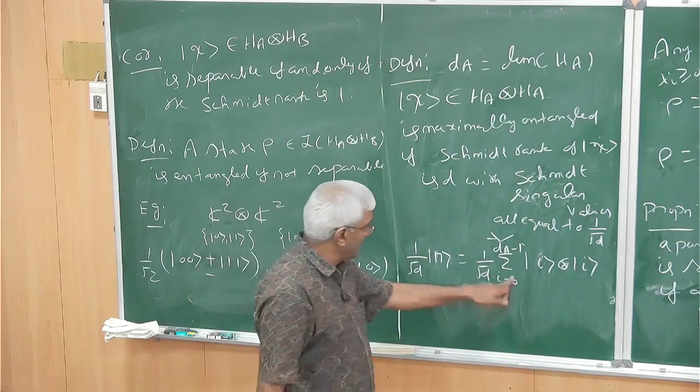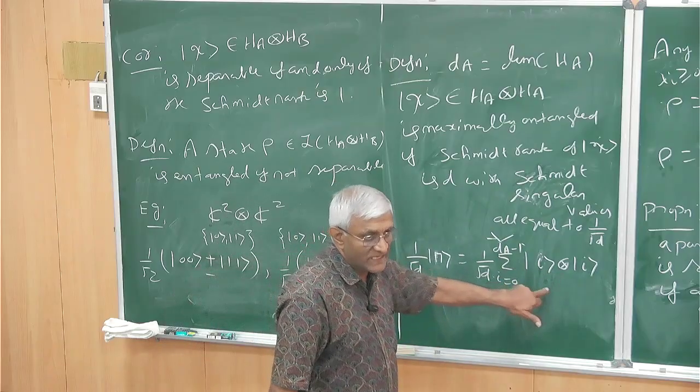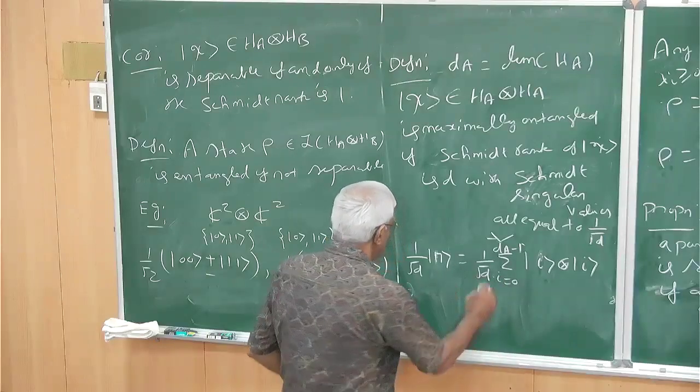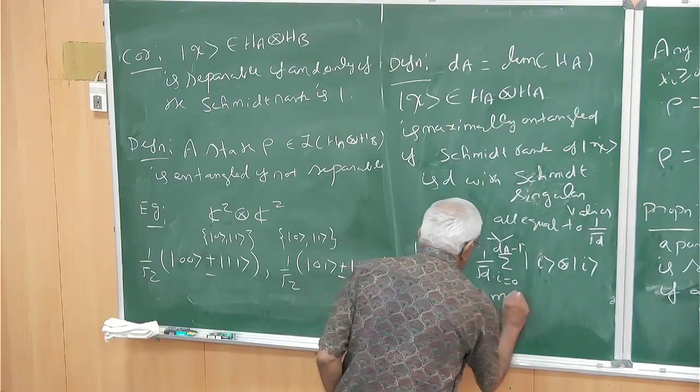There are dA vectors, and each has singular value 1 by square root d. So it is a maximally entangled vector.